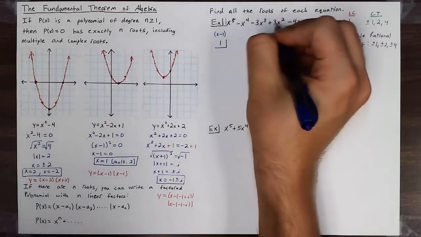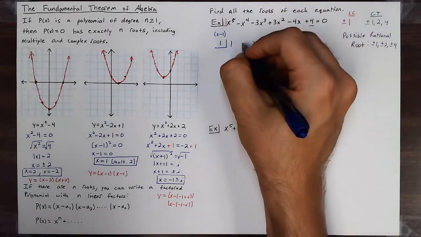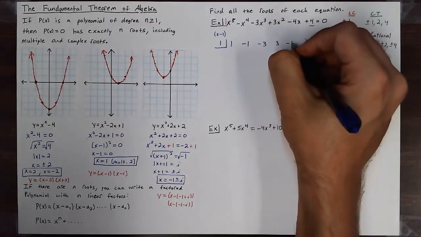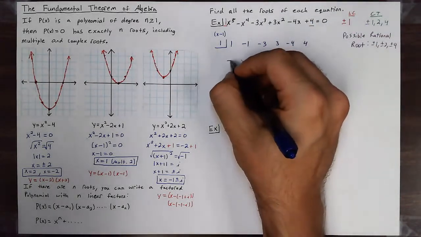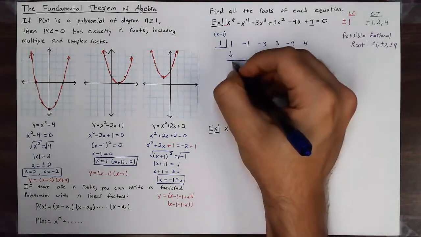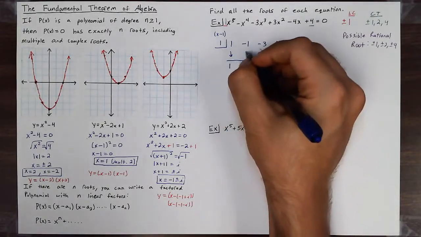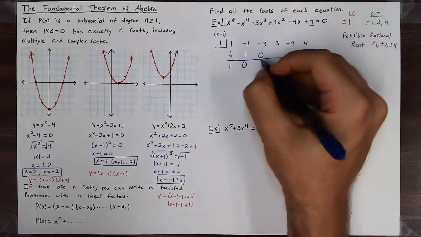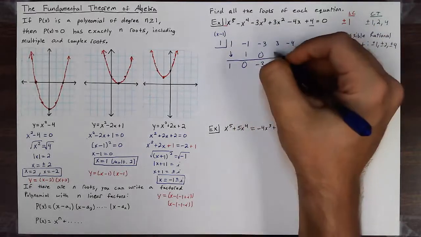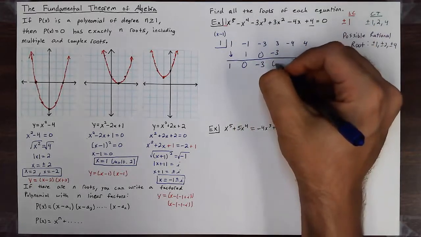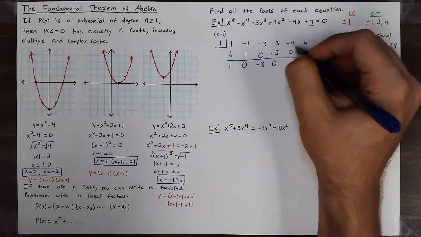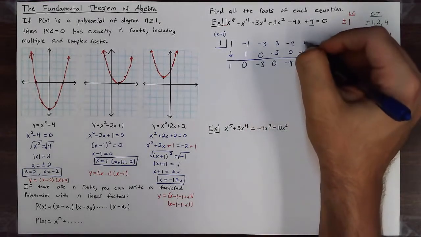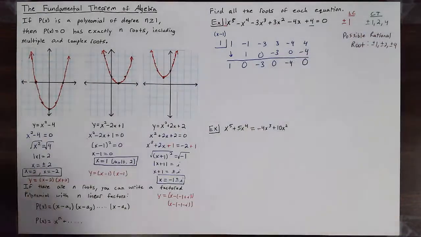I'm going to divide into this polynomial using its coefficients 1, negative 3, 3, negative 4, and 4. I can bring down that leading coefficient. 1 times 1 is 1, negative 1 plus 1 is 0, 1 times 0 is 0, negative 3 plus 0 is negative 3, 1 times negative 3 is negative 3, 3 plus negative 3 is 0, 1 times 0 is 0, negative 4 plus 0 is negative 4, 1 times negative 4 is negative 4, 4 plus negative 4 is 0.